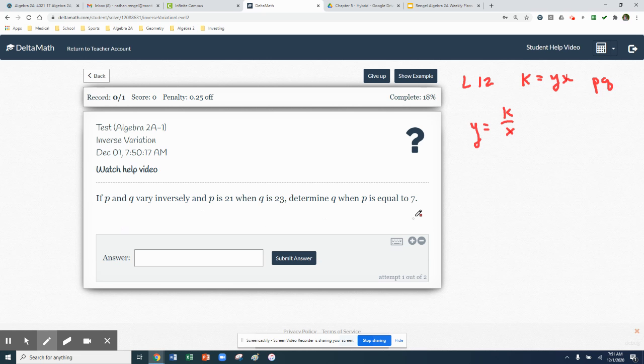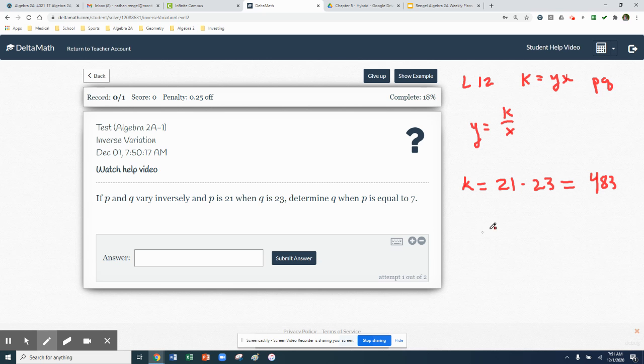So here we go. We got p and q. They vary inversely; when p is 21, q is 23. Determine q when p is equal to 7. So first thing we want to do is find our constant, which is going to be taking our p times our q, 21 times 23. And we'll take that, 21 times 23, which is 483.